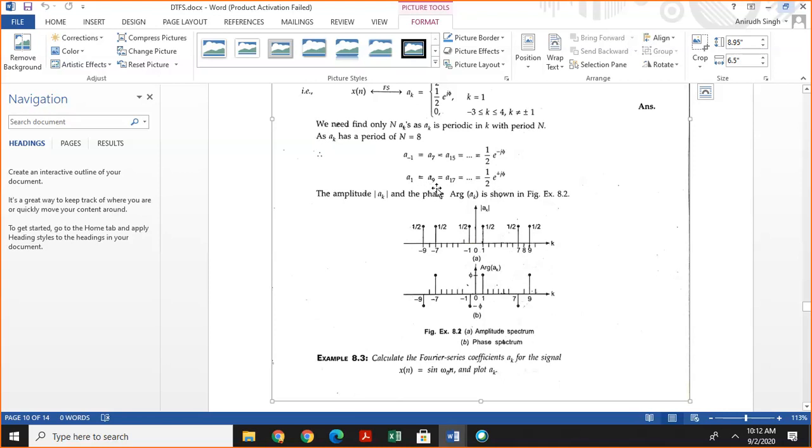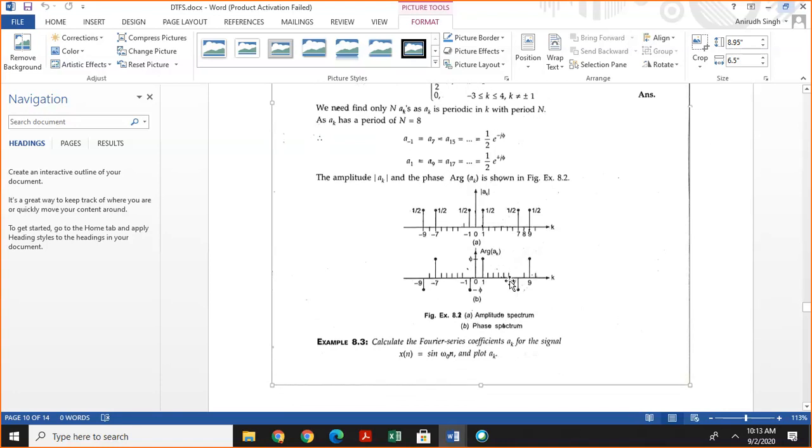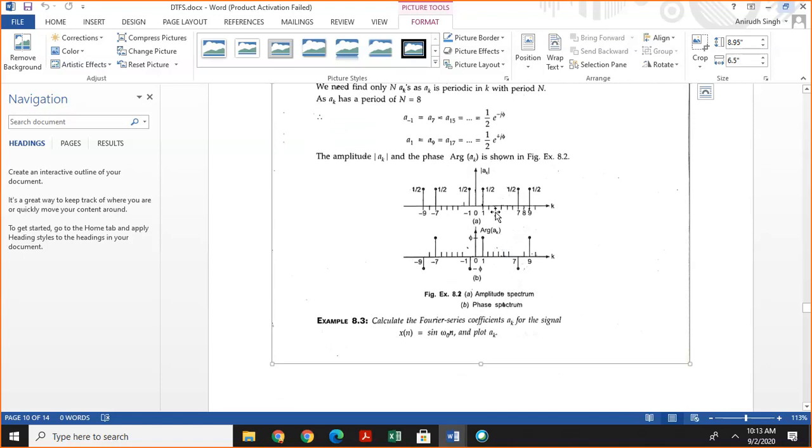Similarly, the magnitude is half for a minus 1, a minus 7, and a9. And similarly, the phase of ak is given by this diagram. Psi is here, the value of the phase is psi, and this is given by the magnitude and phase spectrum of ak.